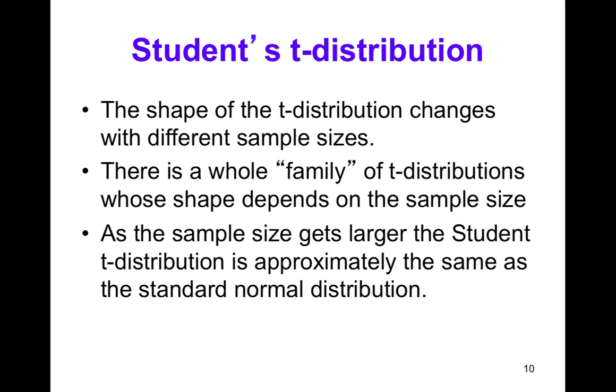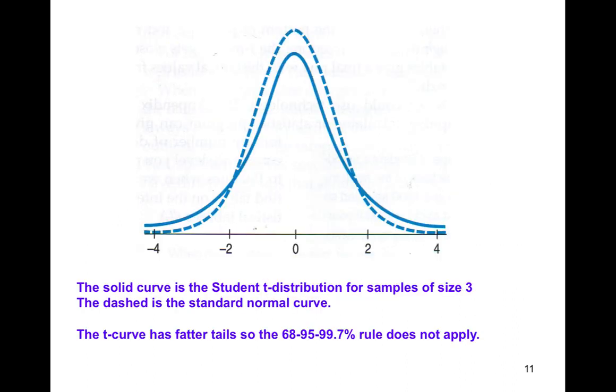So what are the characteristics of the t distribution? Like the normal distribution, it is symmetrical, but every time you change the sample size, you change the shape of the curve slightly. There's not just one t distribution, but a different one for each sample size.